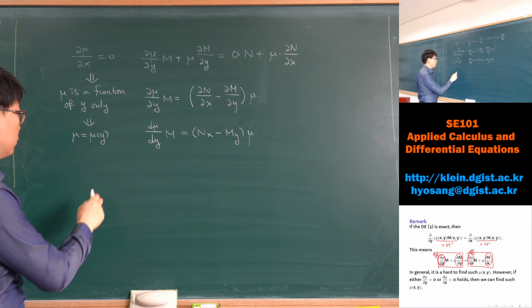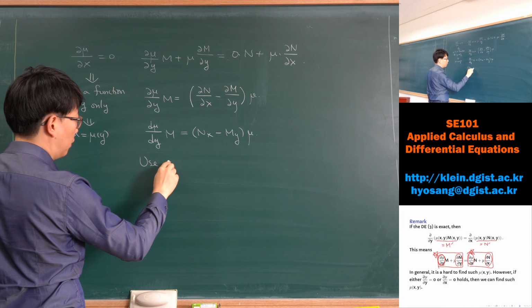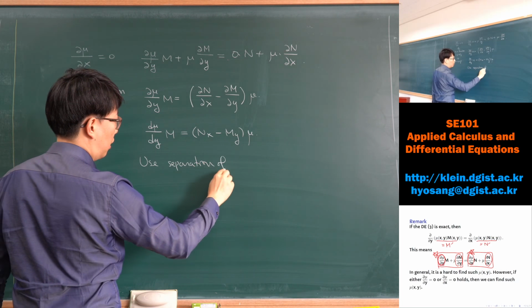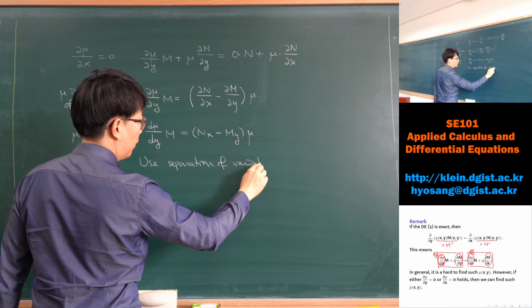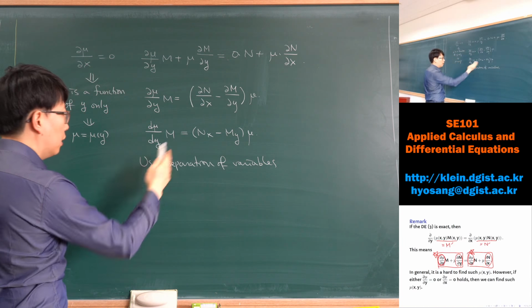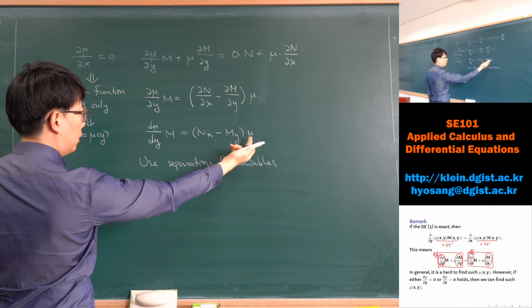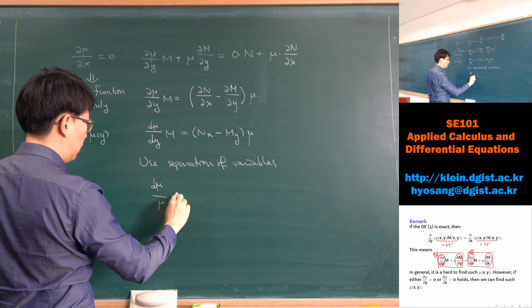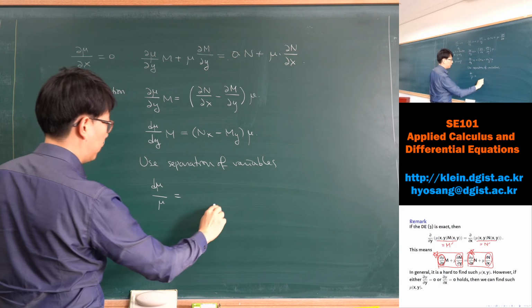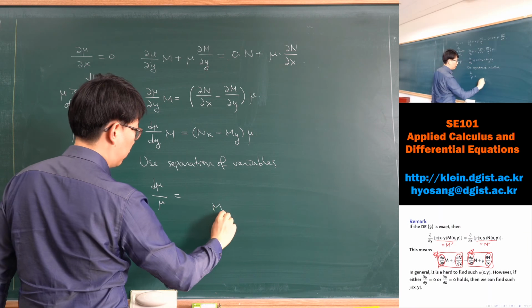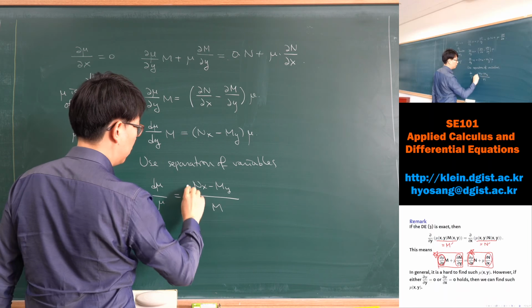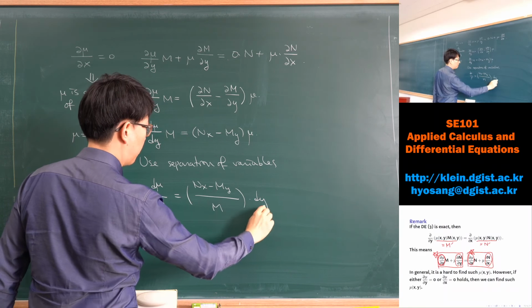Then let's use separation of variables. Let's take the entire mu part to the left-hand side, and then take dy to the right-hand side, and also M. So (N_x minus M_y) over M times dy.